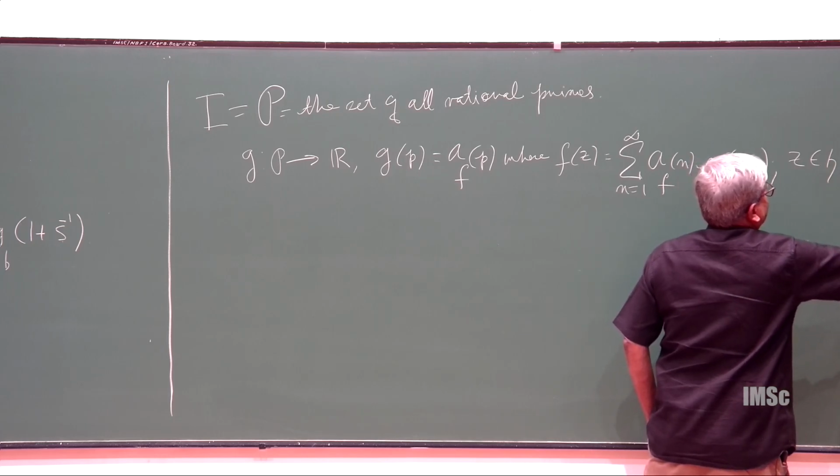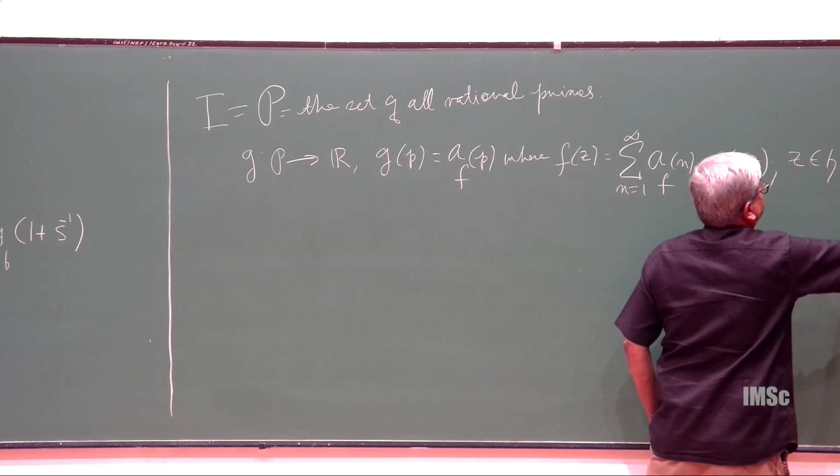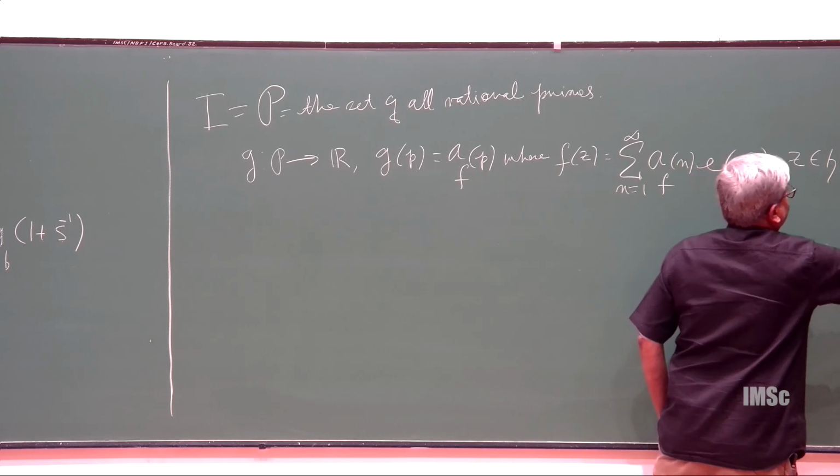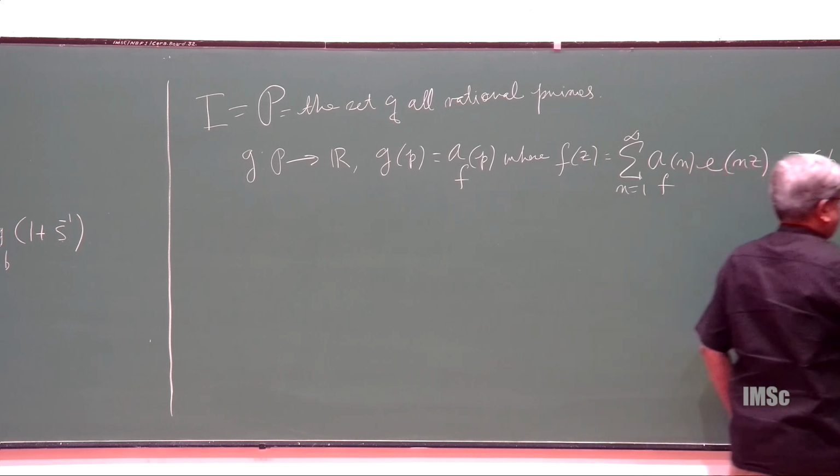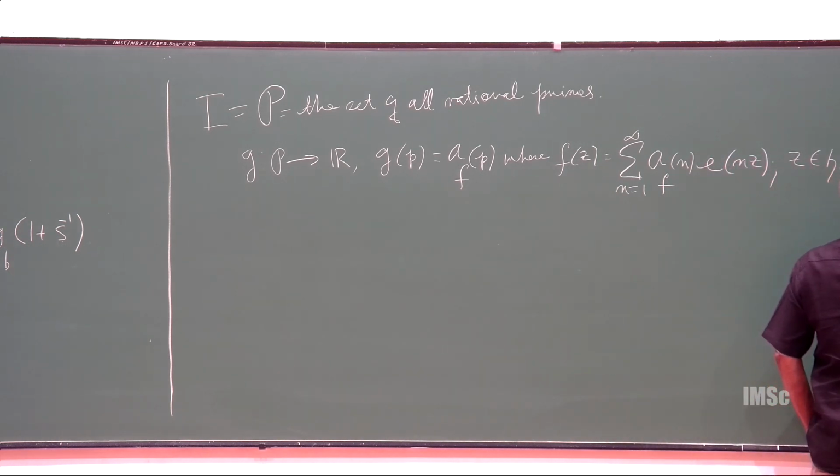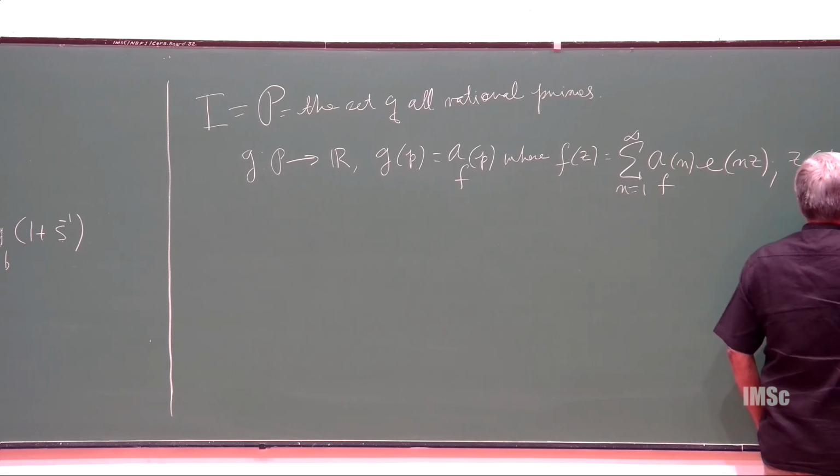It's a primitive form, i.e. a normalized newform of weight k, k even of course, on Gamma_0(N), trivial character.